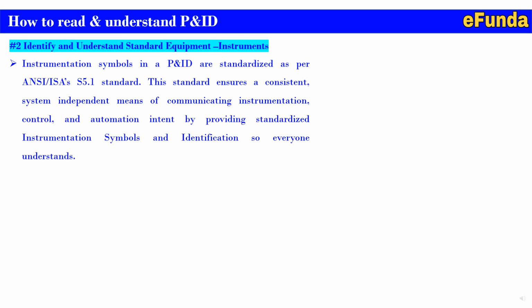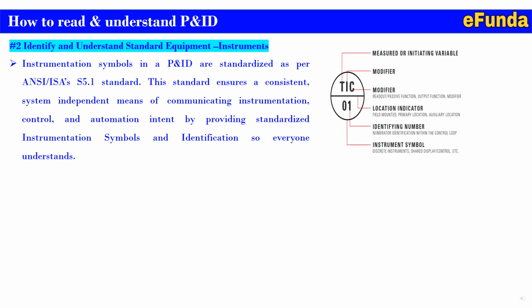One can refer to the picture on the right-hand side where TIC01 is indicated as one function, and the details of each letter and their symbol, location, identifying number and instrument symbols are covered. This standard ensures a consistent and system-independent means of communicating instrumentation, control and automation intent by providing standardized instrumentation symbols and identification, so everyone understands.